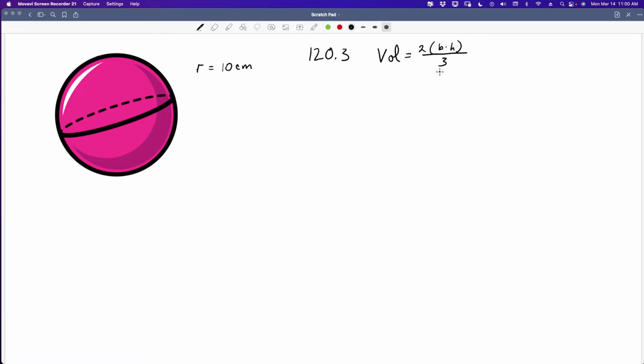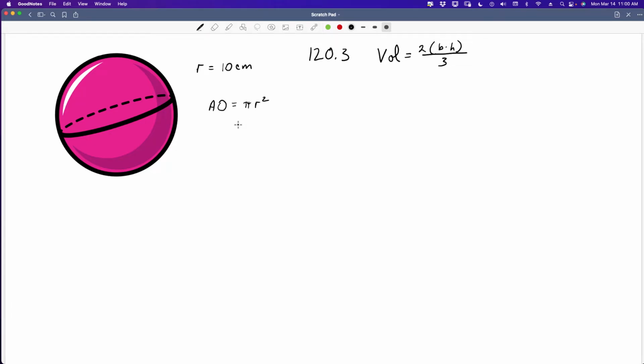So the first thing we have to do is find the base. The base is going to be the centermost slice of your sphere, and we calculate that the same way we would any other circle. The area of a circle is equal to pi times radius squared.